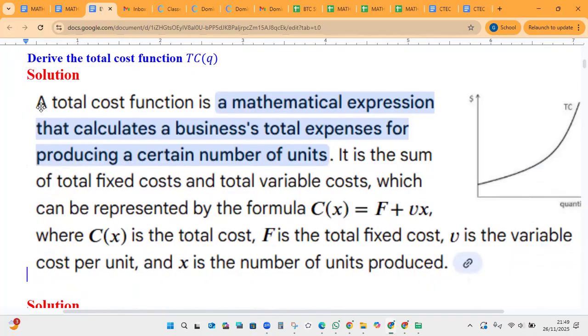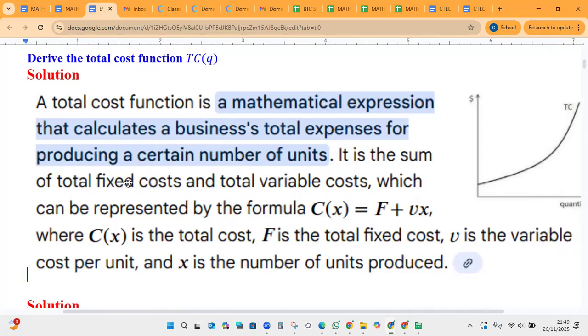It says the total cost function is a mathematical expression that calculates a business's total expenses for producing a certain number of units. It is the sum of the total fixed cost and the total variable cost. So the key term here is fixed cost.